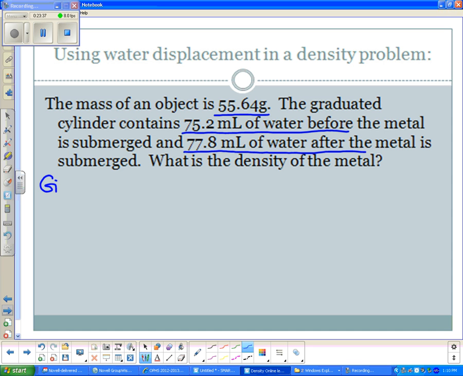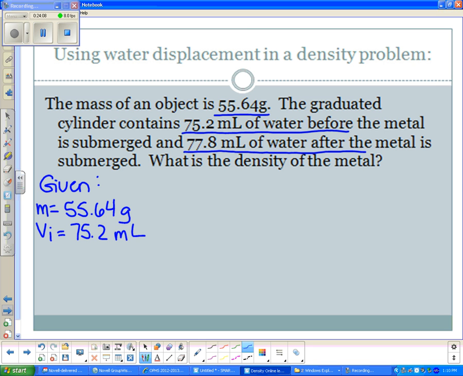Okay, so let's start with our given once again. We have our mass, which is 55.64 grams. And this time we have 2 volumes. Neither one of these is the volume of the metal. This is the volume of the water initially before we put the metal in, so VI, which is 75.2 milliliters.